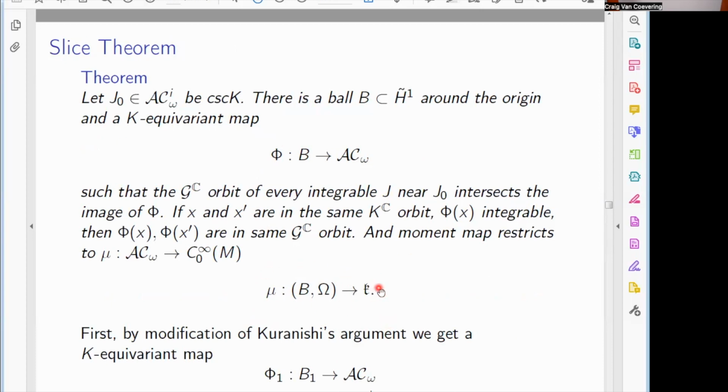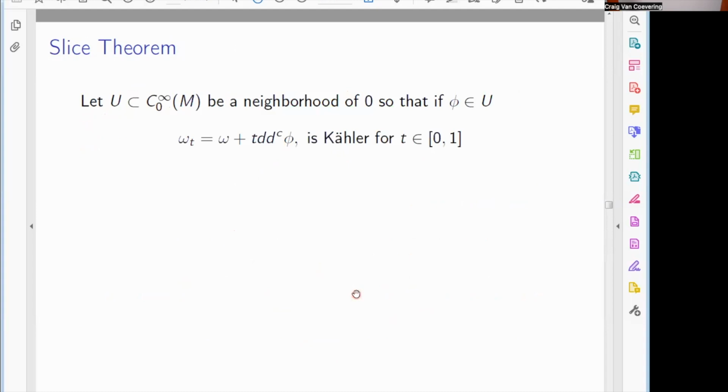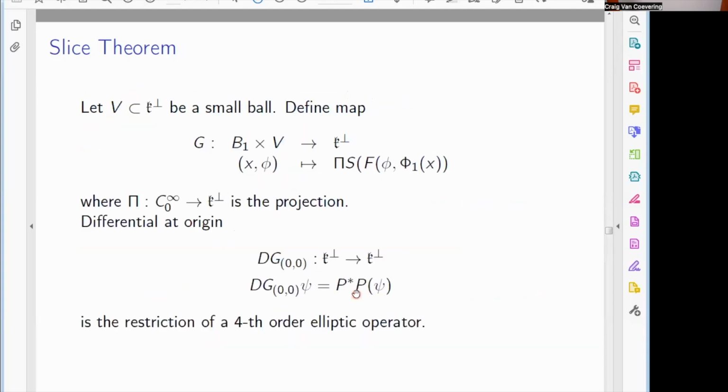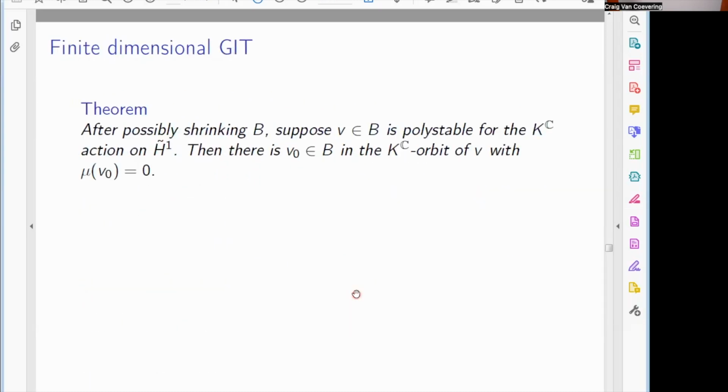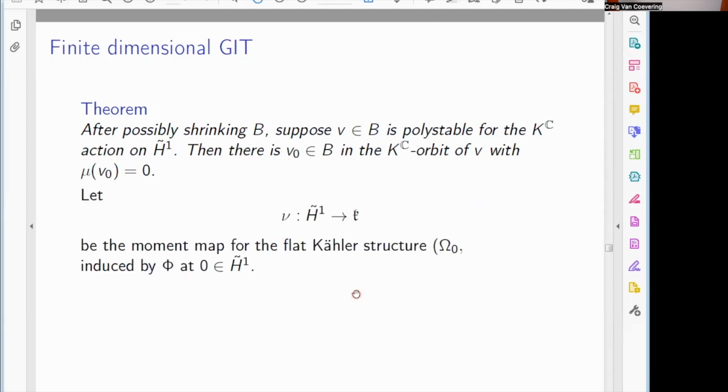The scalar curvature restricts to a finite dimensional moment map into the Lie algebra of the automorphism group of the central structure. And so then this can be used to consider the deformation problem. And so I guess, unfortunately, it's already 6.